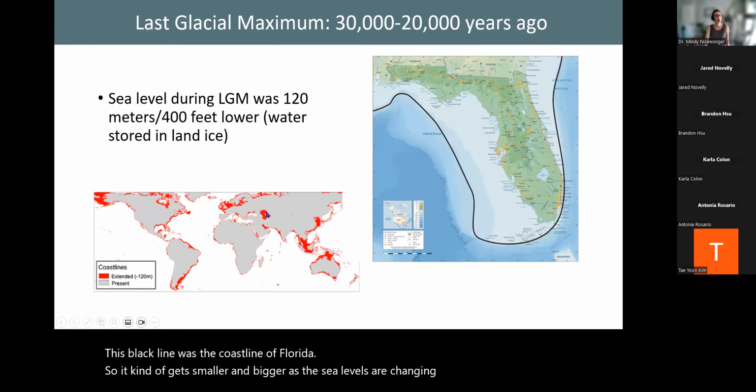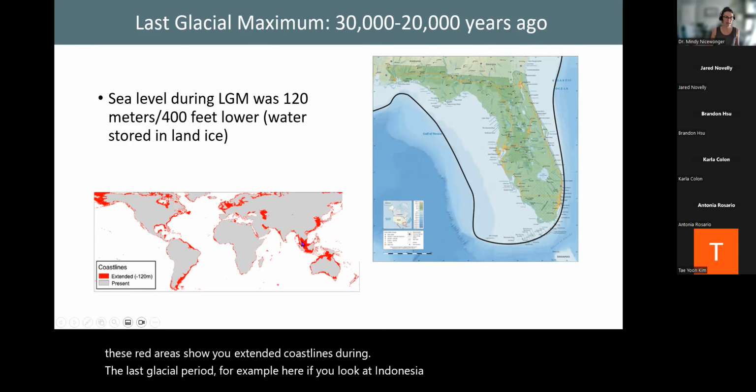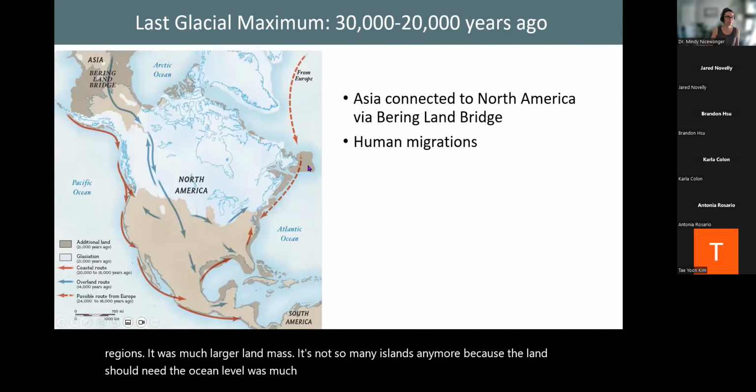And on this map, all of these red areas show you extended coastlines during the last glacial period. For example, if you look at Indonesia, it was a much larger land mass. It's not so many islands anymore because the ocean level was much lower.